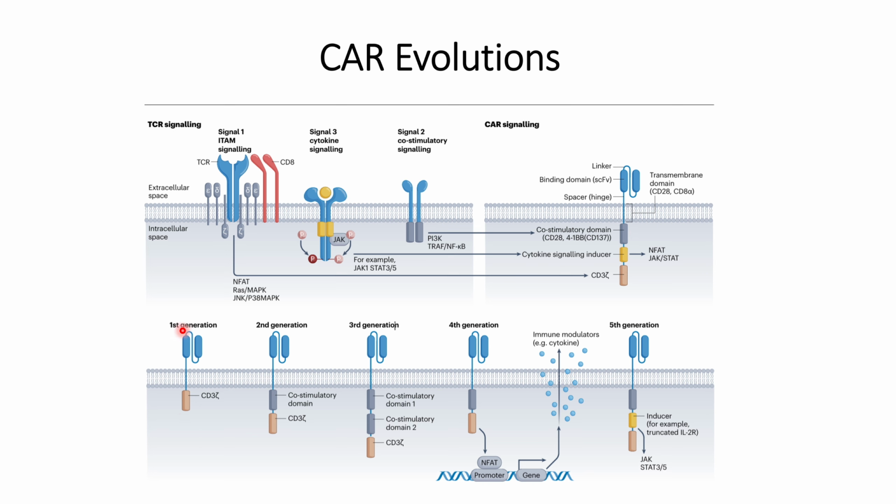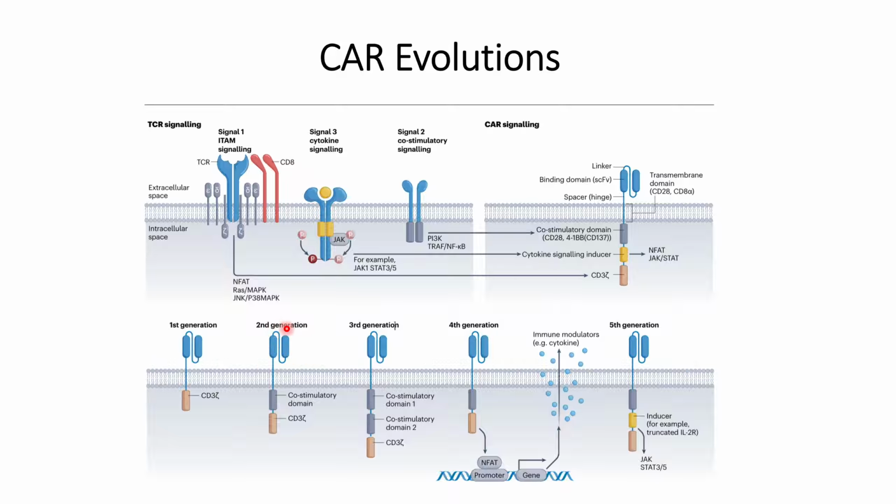So once this single chain fragment variable interacts with the antigens that are present on the tumor cells, it will trigger the activation of the T cells. And thereafter, to enhance the efficiency of these CAR T cells, they have also introduced this co-stimulatory domain.